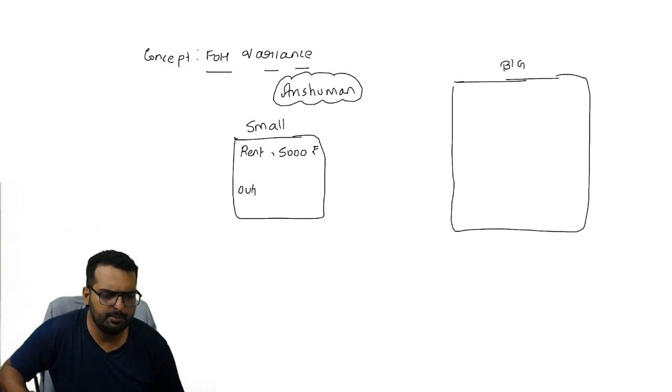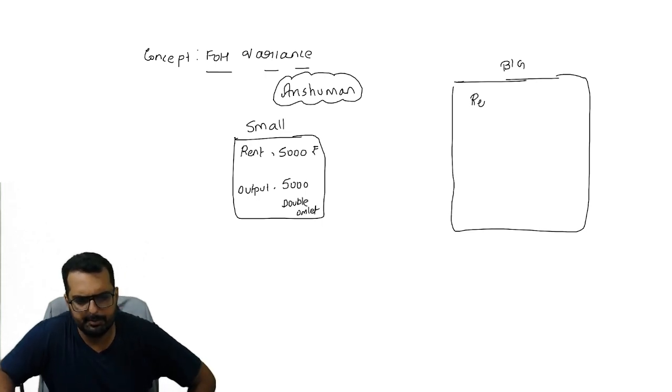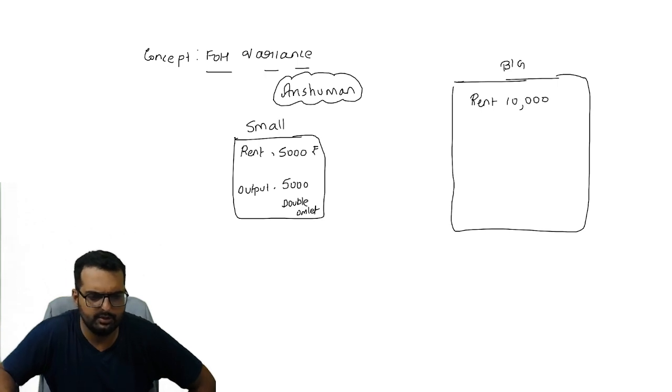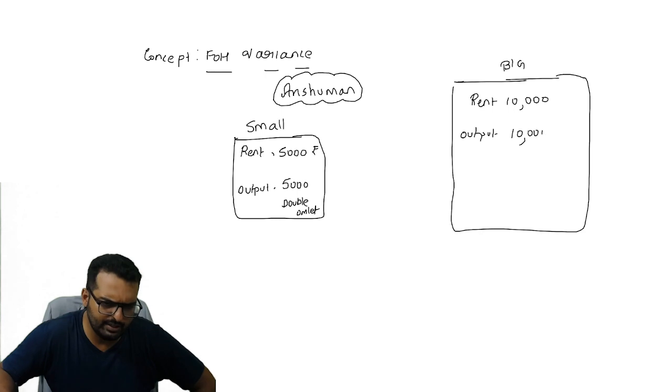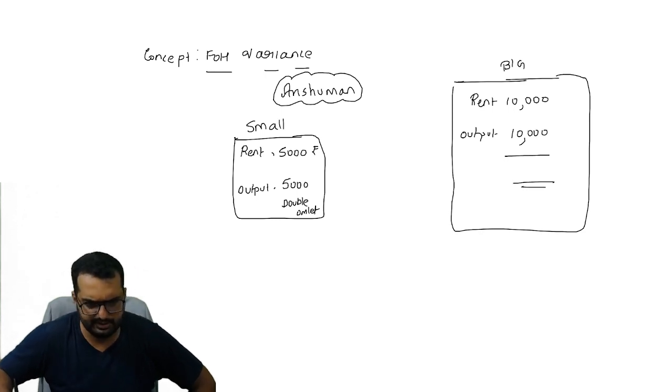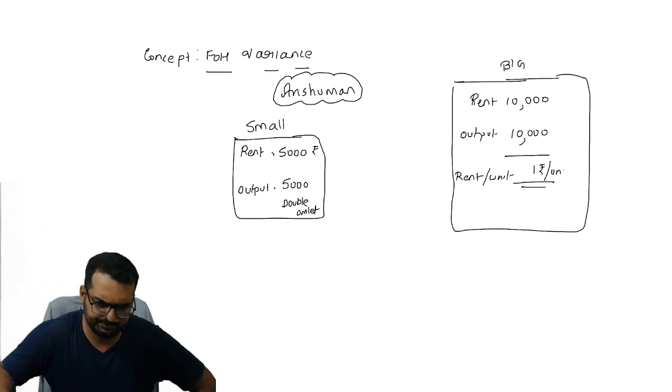Here, he can produce an output of 5,000 double omelettes in a month, right? In the big shop, the rent is 10,000, but there he can produce and sell 10,000 double omelettes. So tell me, friends, what is the rent per unit that you get over here?